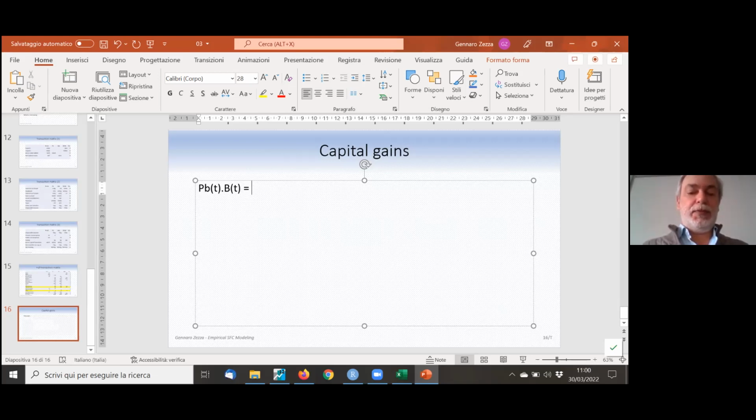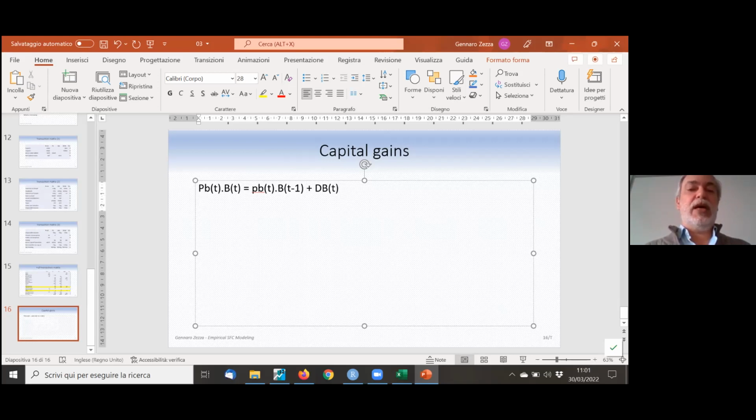This is the result of the appreciation of the existing stock of bonds plus the change in the bonds during the period. So this should be the measure that we have in the balance sheet at market prices.